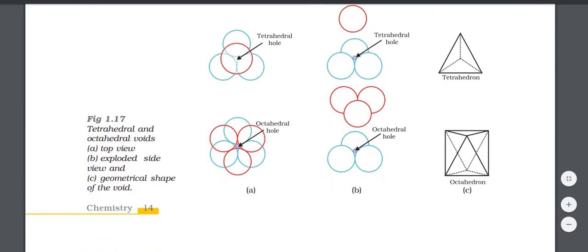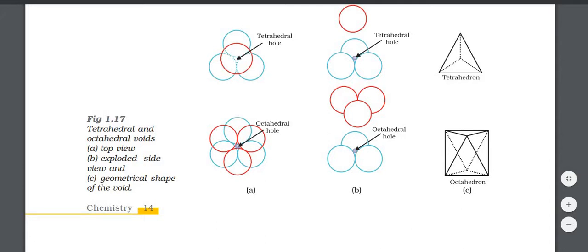Similarly, for an octahedral void, three atoms are joined together and over them three more atoms, in triangular form. You join these three atoms as a triangle with one vertex pointing north.